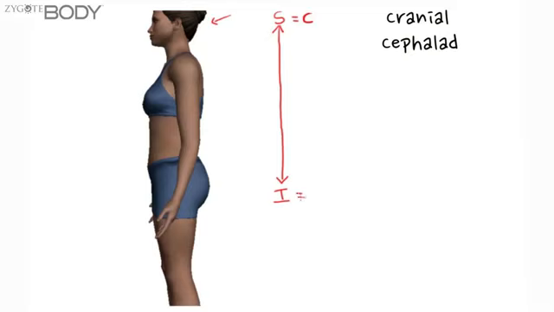For inferior, you have caudal or caudad, from the word tail. If you know the tailbone found in humans, the coccyx, then anything towards that area is called caudal. Say if you compare the ear to the shoulder, you can say that the ear is located cranially to the shoulder, and the shoulder is located caudally to the ear.